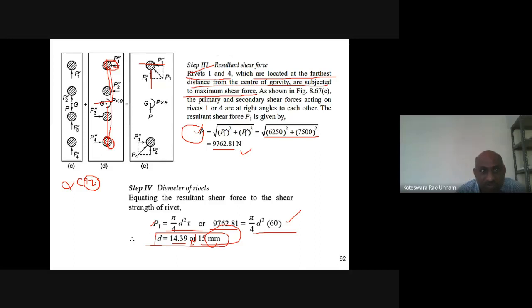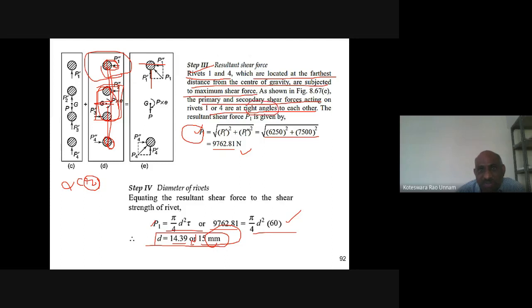Rivets 2 and 3 are close to this G, so they are subjected to lesser secondary shear force. Therefore, based on this, I can pick the rivet I need to use for the design criteria. The primary and secondary forces acting on rivets 1 and 4 are at right angles to each other.